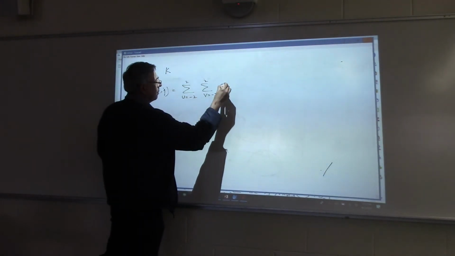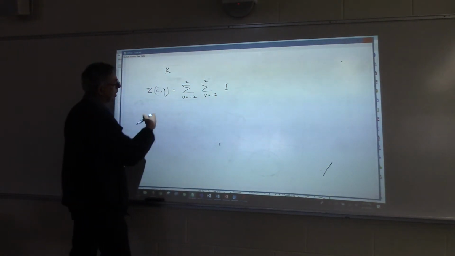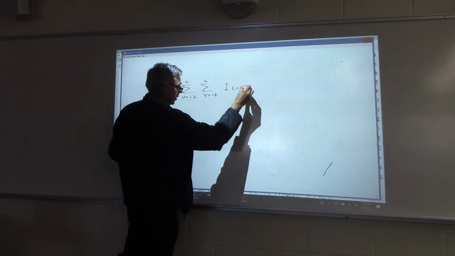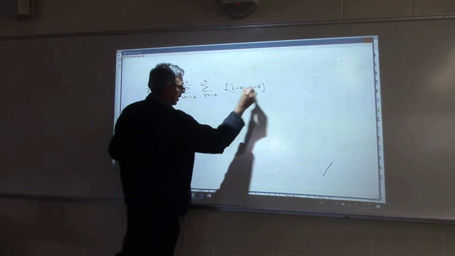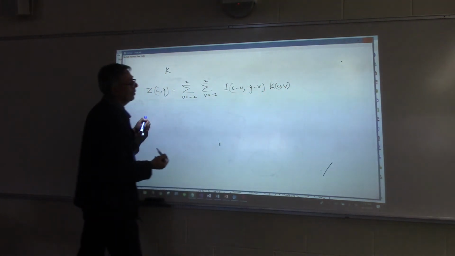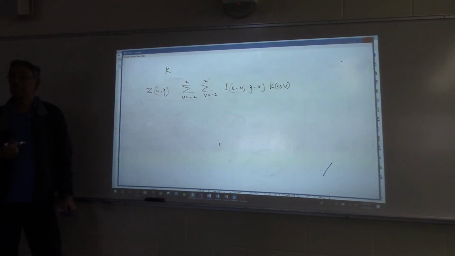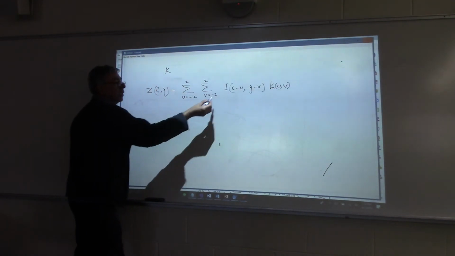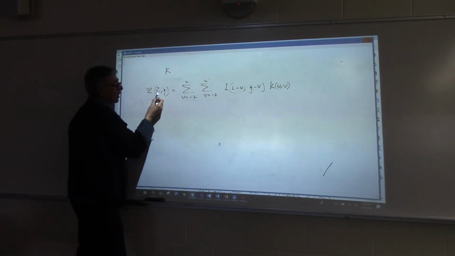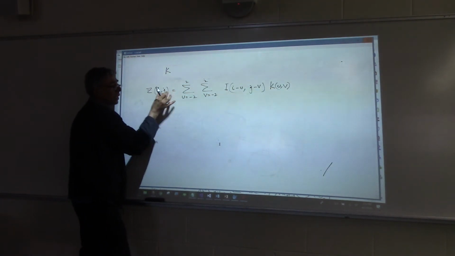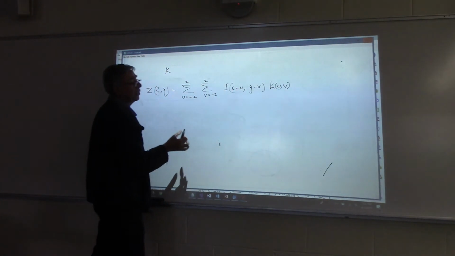Say we have some image that we are doing a convolution with the kernel. So this is I of i minus u, j minus v, times kernel of uv. This is the standard formula for convolution. Here i, j are the indices for the answer of the convolution. So do you see this is i minus u?